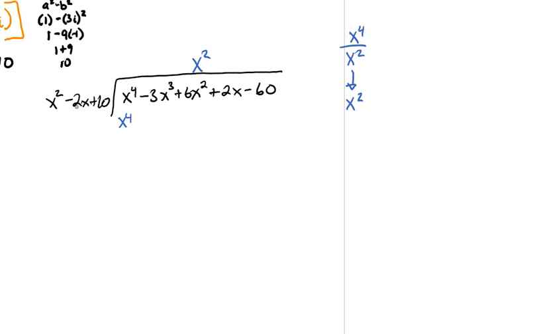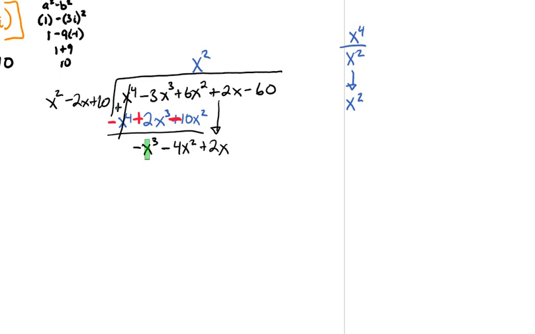X squared times negative 2x is a negative 2x to the third. And x squared times 10 is going to be a 10x squared. Then we need to change all of our symbols to the opposite. And then we can add. So that should cross out. So we have a negative x to the third minus 4x squared. We'll bring down our next number, so plus 2x.